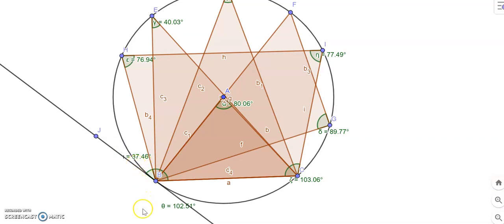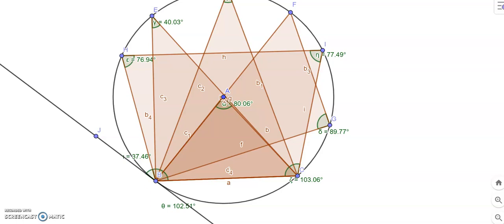Now, if you look at it properly, when you have this angle, you can easily find which angle is equal to this, or what kind of characteristic it displays.